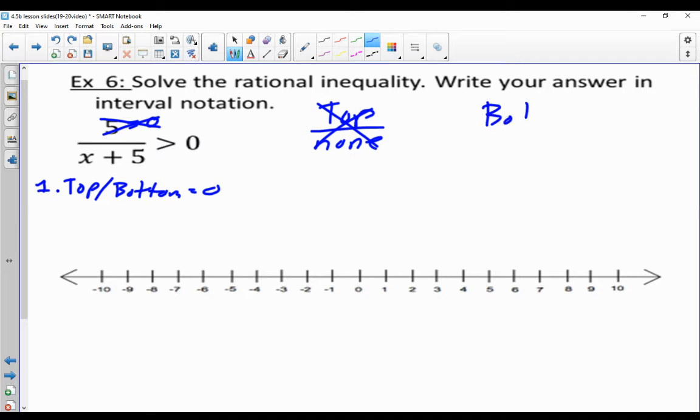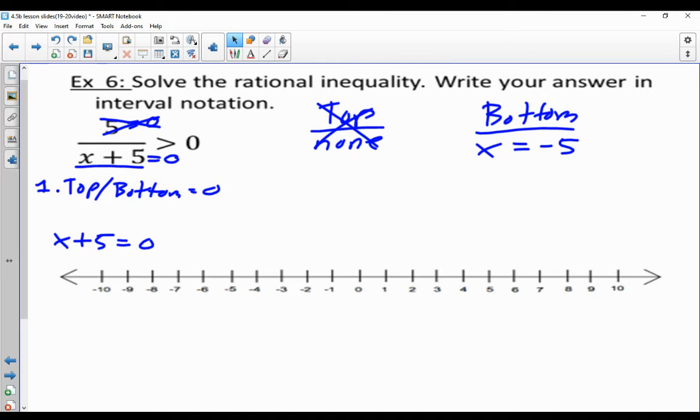But we still got a bottom to deal with. So in other words, we take the bottom, set it equal to 0. You get x plus 5 equals 0. Solve, and you'll get x equals -5. But as always, the bottom, you got to make sure it's not equal to.